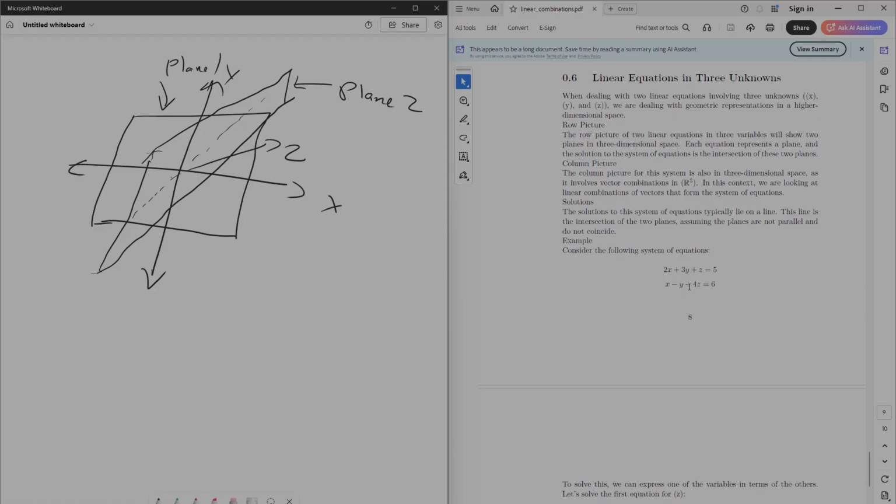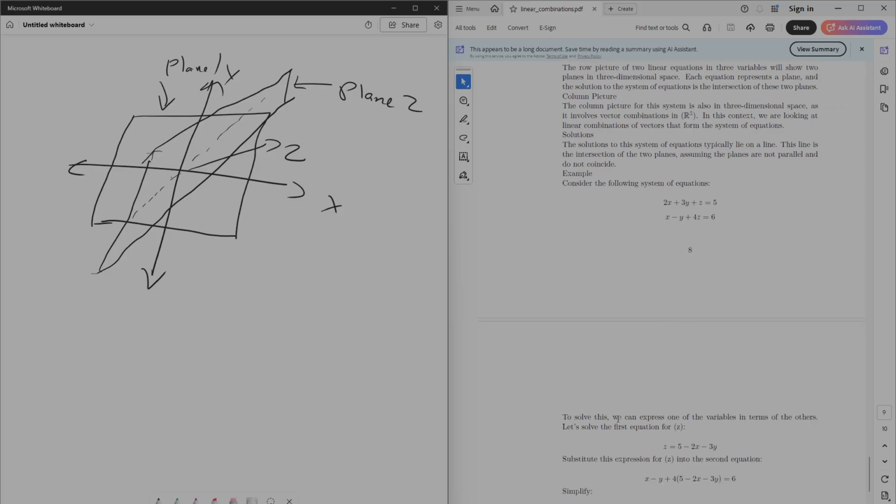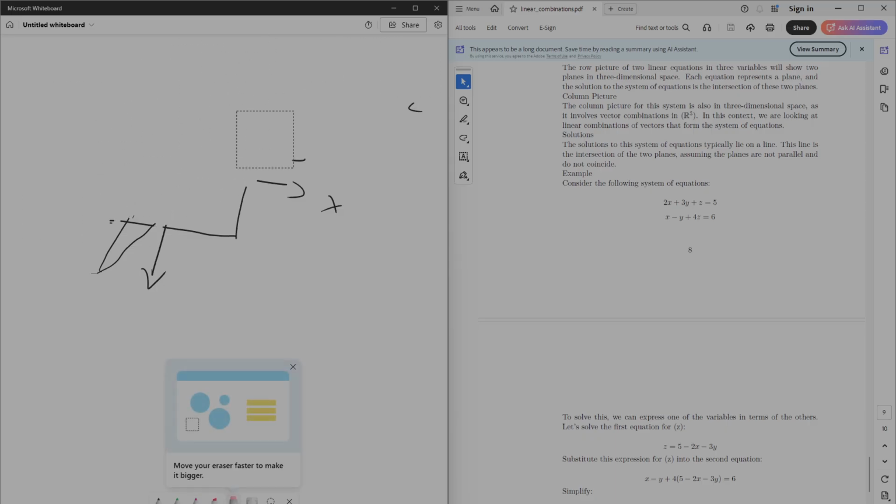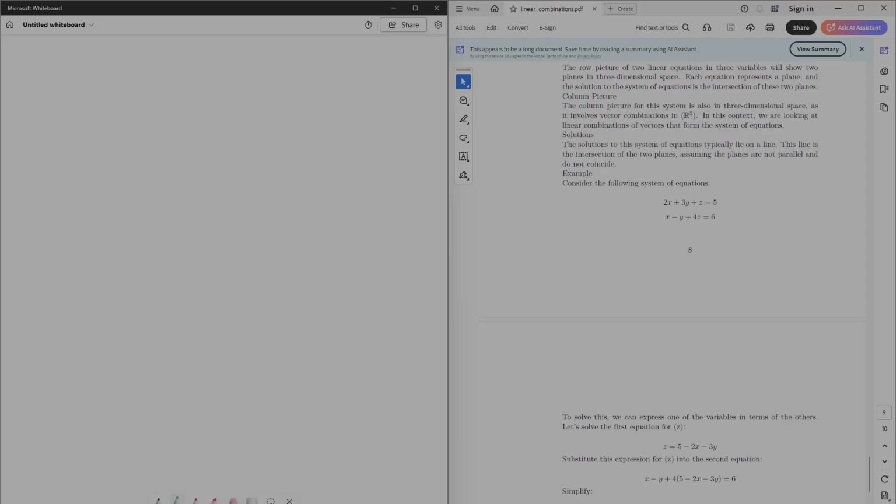So let's consider the system that we just talked about. To solve this, we can express one variable in terms of the others. So let's see if we can do that. You have the system 2x plus 3y plus z equals 5 and x minus y plus 4z equals 6.